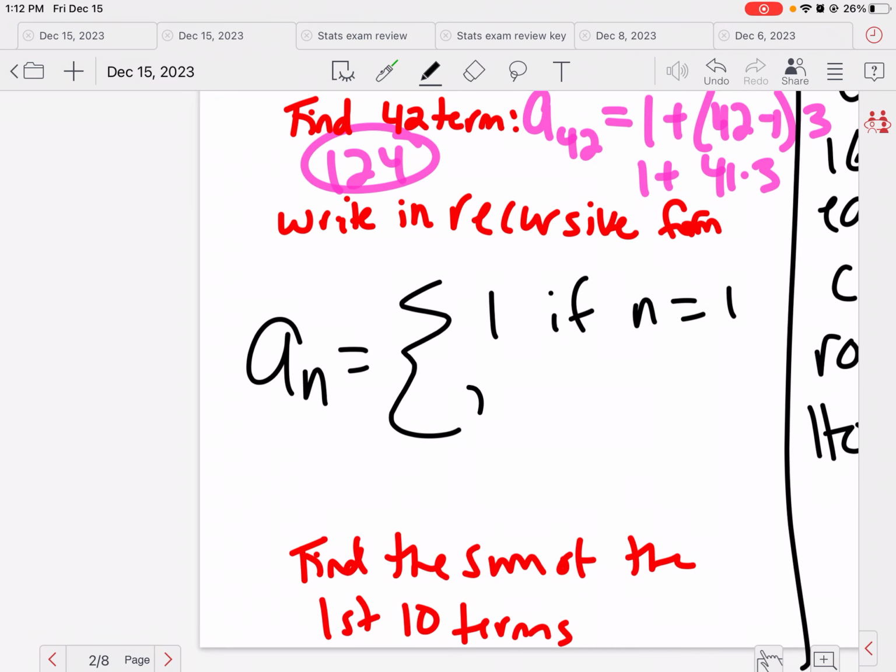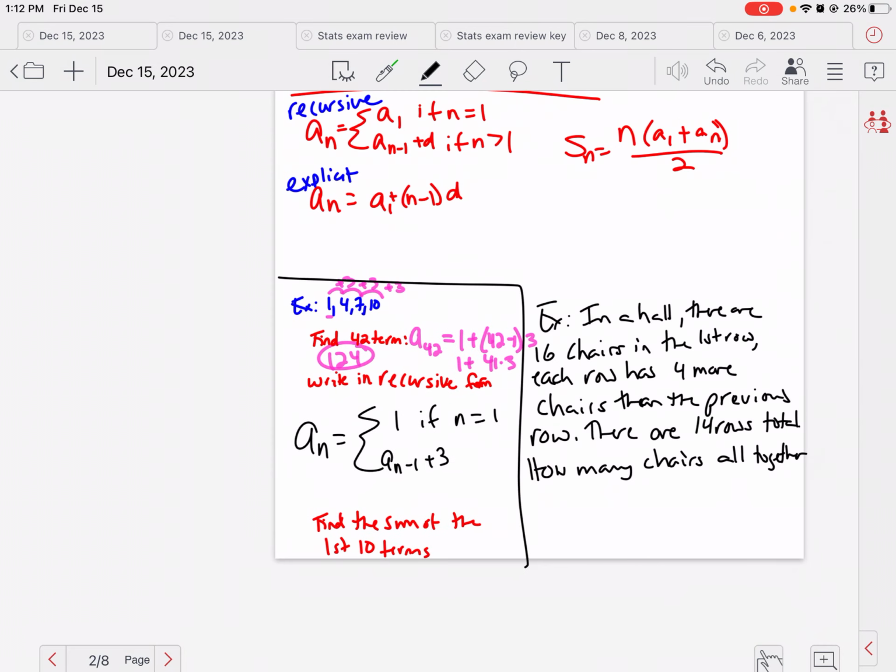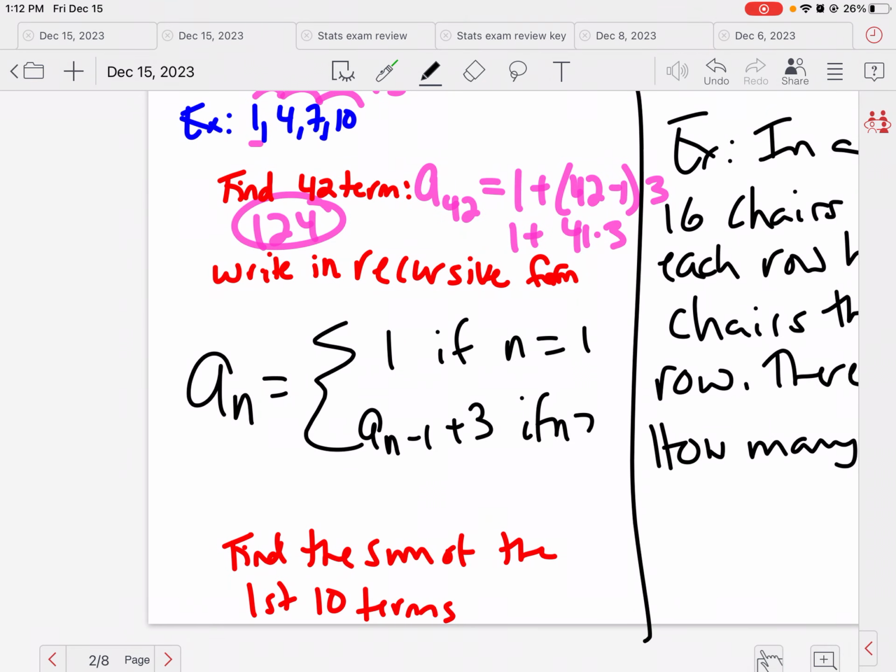And then I would write a sub n minus 1 plus 3 if n is greater than 1. This stuff will never change. It's always going to be if n equals 1, if n is greater than 1. The only two things that really change are the plus 3 and the 1. So whatever the first term is and whatever the change is, that's the only thing that changes for recursive form.